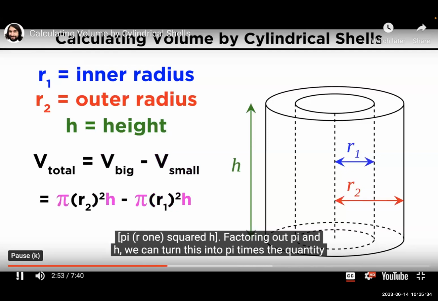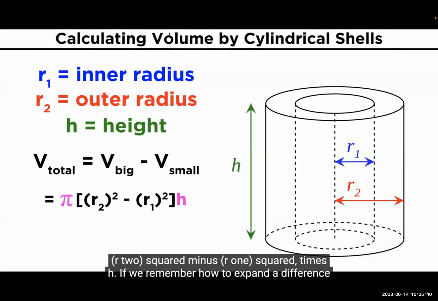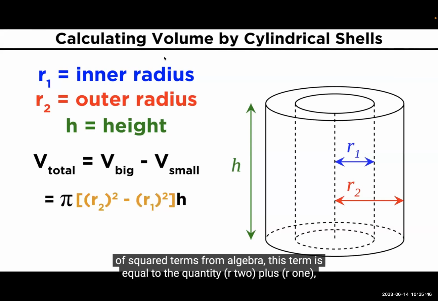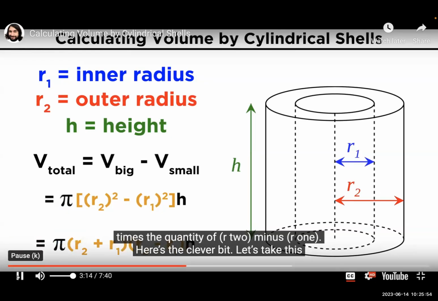Factoring out pi and h, we can turn this into pi times the quantity r2 squared minus r1 squared times h. If we remember how to expand a difference of squared terms from algebra, this term is equal to the quantity r2 plus r1 times the quantity of r2 minus r1.